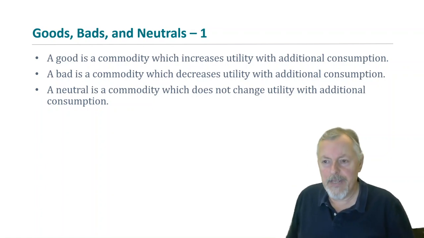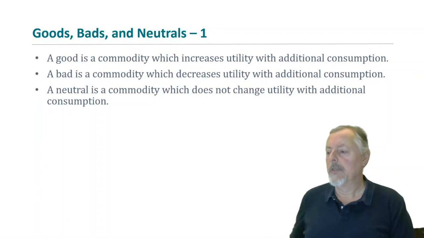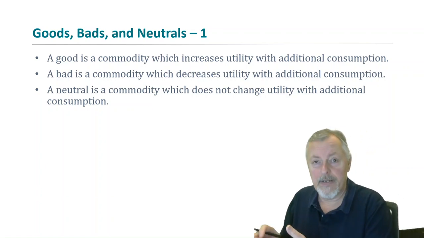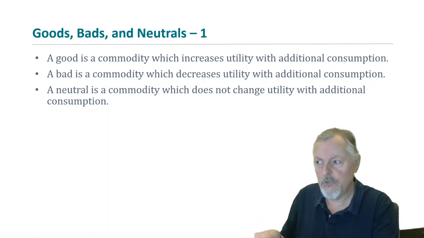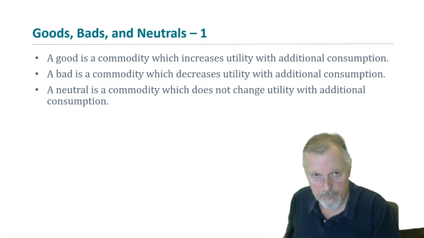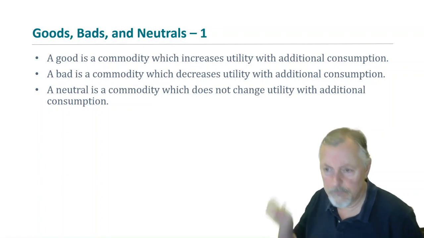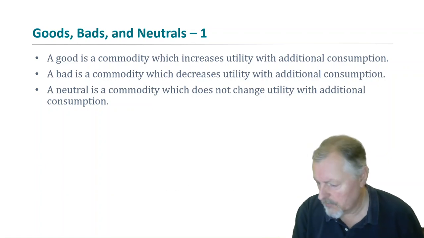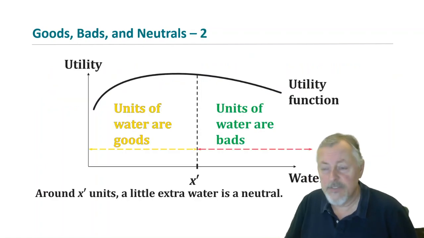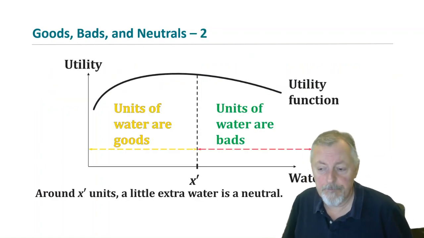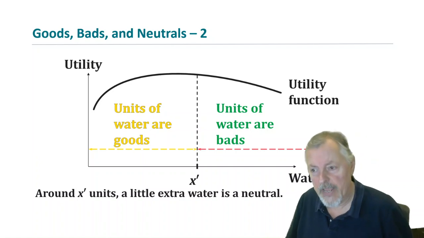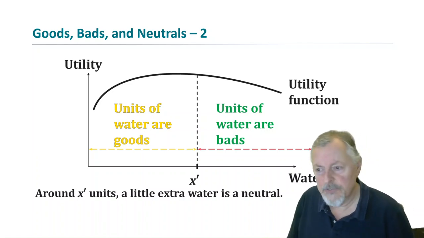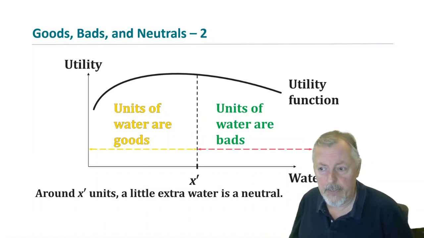Well, garbage is a bad. A larger quantity of it gives you less utility. And a neutral is something that does not change utility with additional consumption. And some things change. Actually, most things change from goods to bads, depending on the quantity. Water.